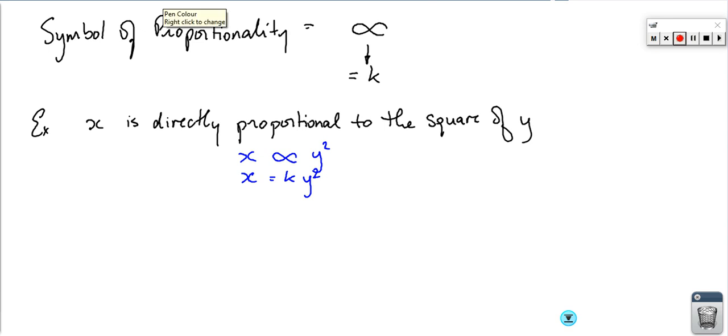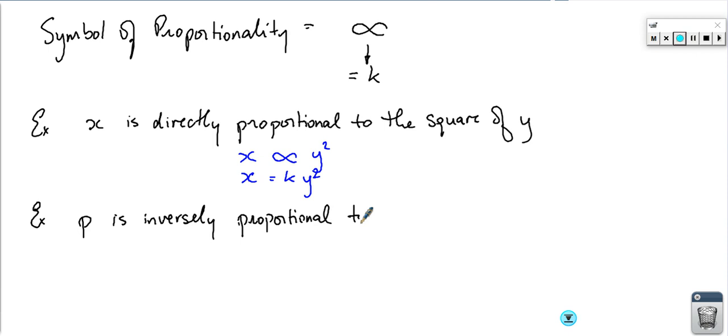Let me give you another example. Suppose I say that P is inversely proportional to the cube root of Q. So what does that mean?